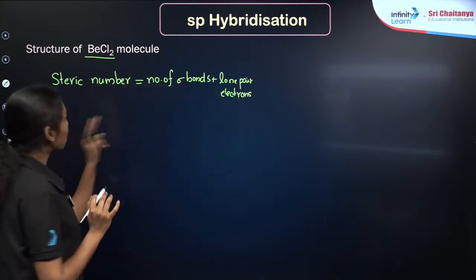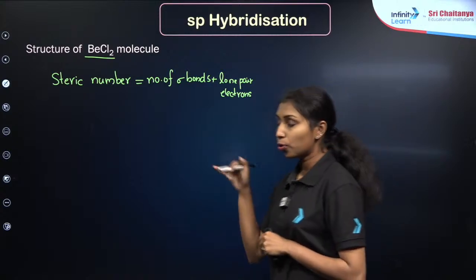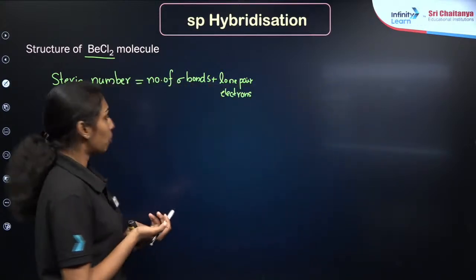The steric number concept: the number of sigma bonds plus lone pairs, that should be the number. According to this number, you can predict the hybridization of molecules, right?